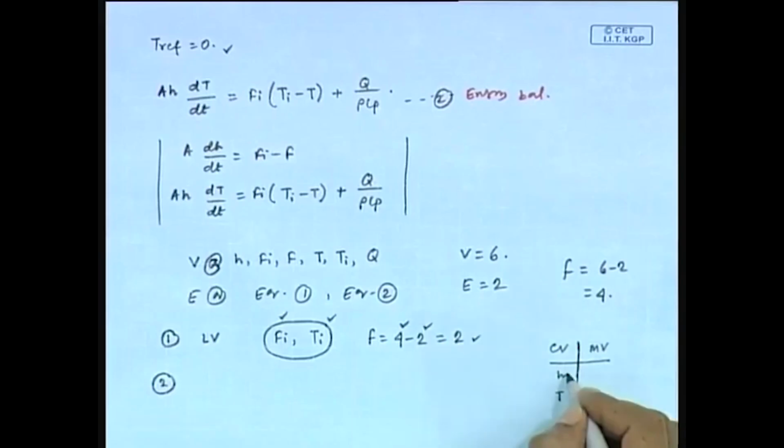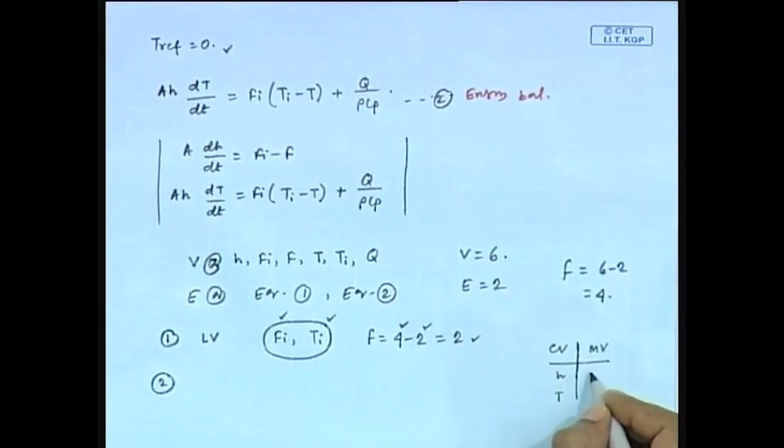We can control this height by the manipulation of F, and we can control this temperature by the manipulation of Q. So, we can develop 2 control equations. Although we did not study the control equations, I am just mentioning the simplest ones.